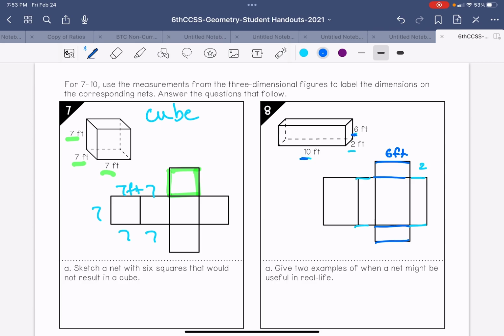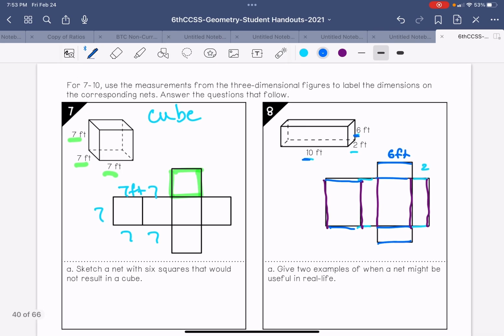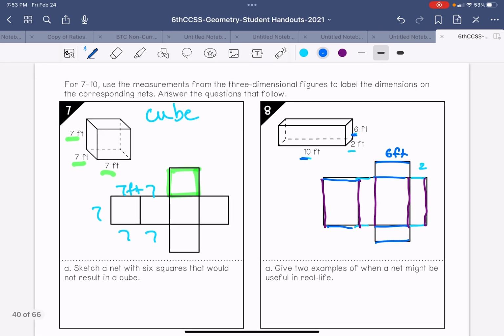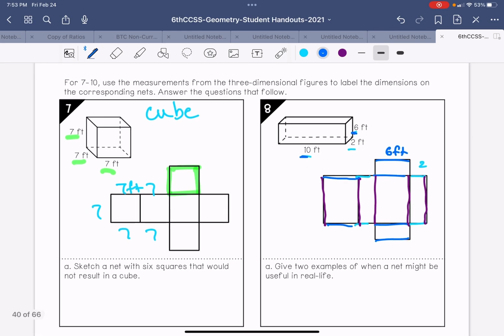And then the 10 foot would be here, here, here, here, here, and I missed a couple of the 6 foot ones. This would be 6 foot, and this would be 6 foot. And you kind of have to think about how you're going to fold this up to make sure those are correct.